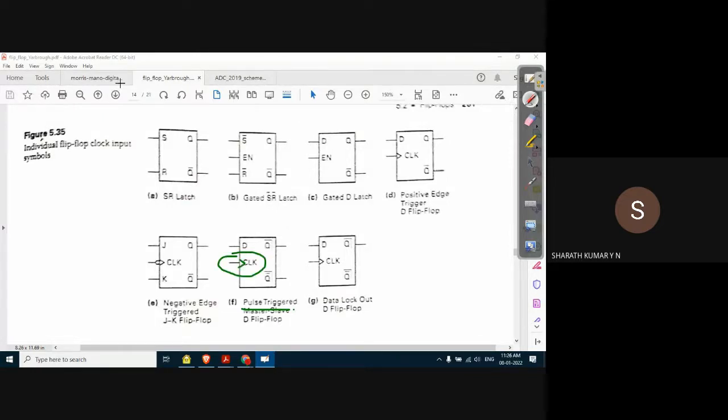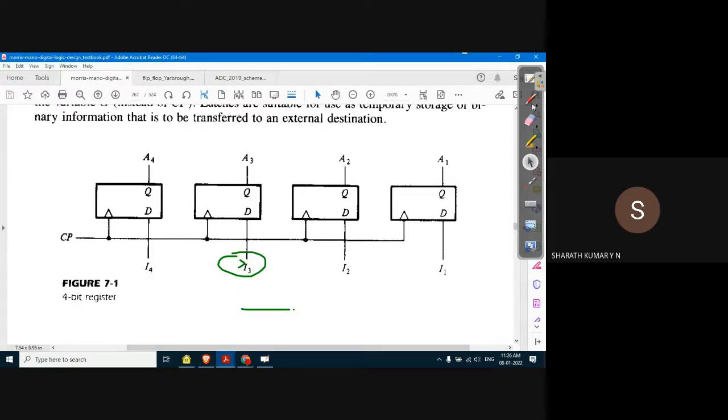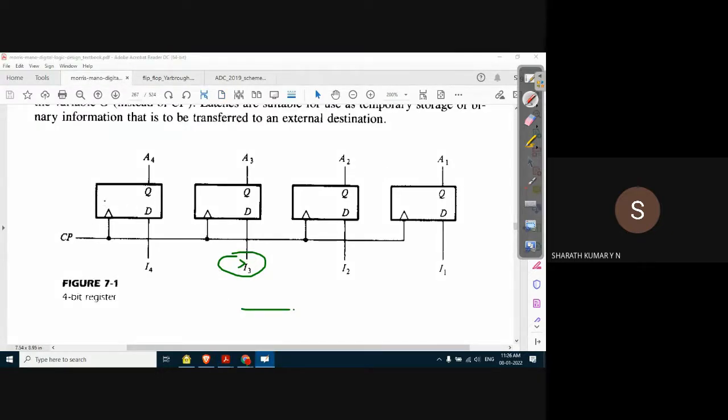What we have in this document is a clocked flip flop, a positive edge triggered flip flop, that is, the rising edge comes first. If there were a bubble, it would have been a negative edge triggered flip flop, that is, the falling edge comes first.